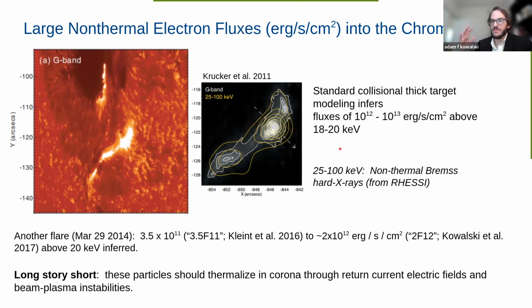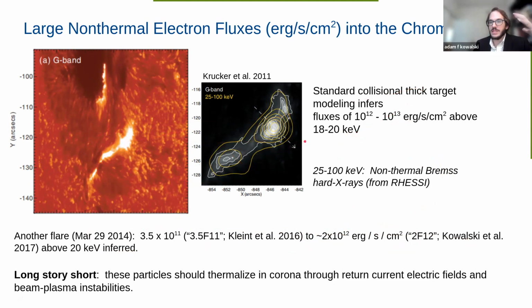They have a certain minimum energy, a low energy cutoff, about 20 keV, and the energies extend up to hundreds of keV to MeV. With other recent observations, you can also convince yourself of such large fluxes, 3.5 F11, 2 F11. These are much larger than what have been inferred in the past decades, and it's primarily due to the higher spatial resolution of these brightenings.